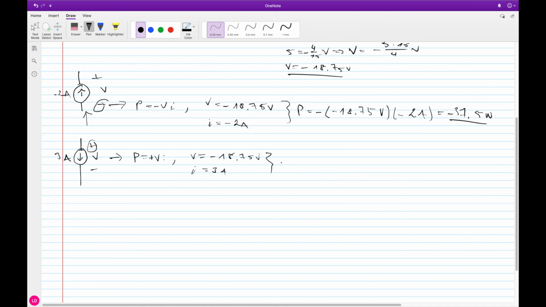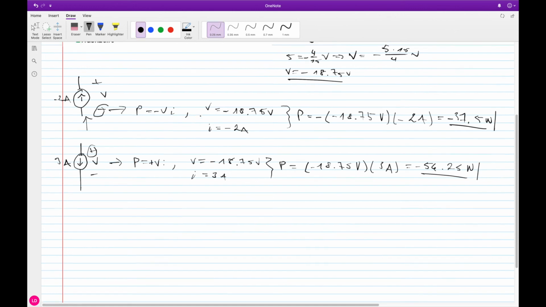And with this information, we can see that P is equal to negative 18.75 volts times I, which is 3 amperes, and that's going to result in negative 56.25 watts. So these would be our two results.